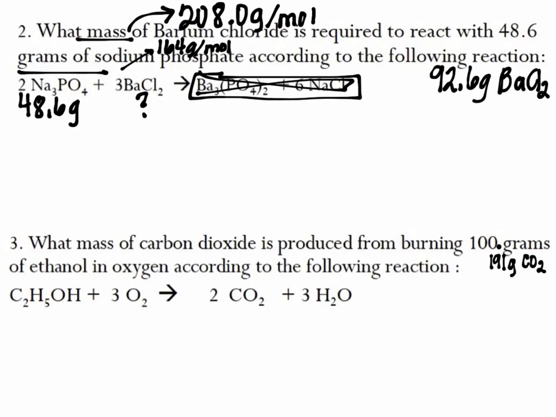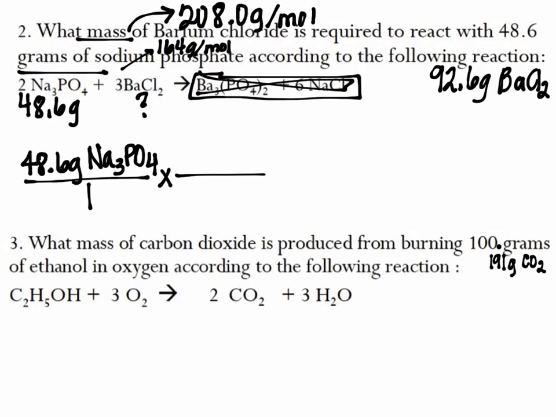So I'm going to write down what we are starting with. We're starting out with 48 grams of sodium phosphate. If it makes you more comfortable, put that over a naked 1. Grams of sodium phosphate is on top, and we need to get rid of it. So in my next step, grams of sodium phosphate goes on bottom.